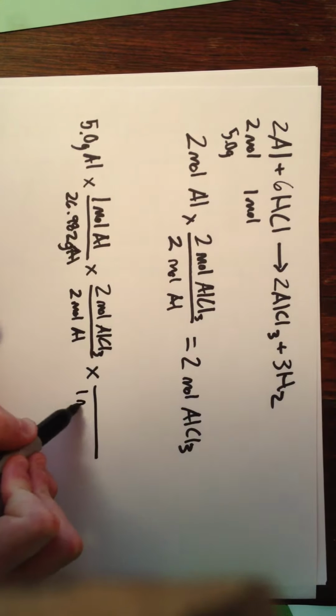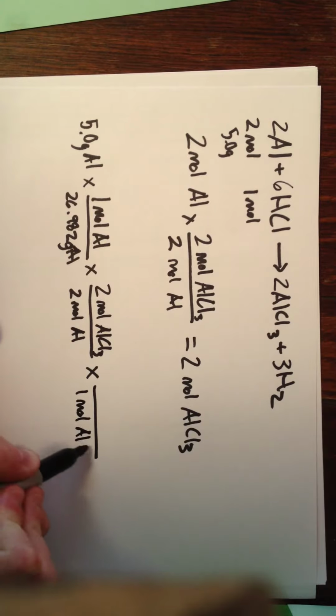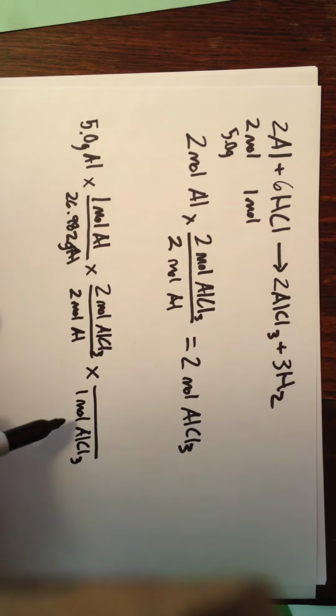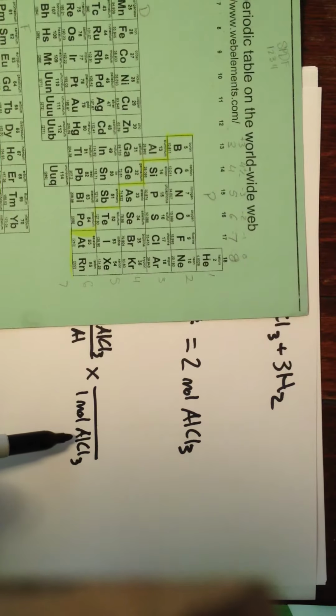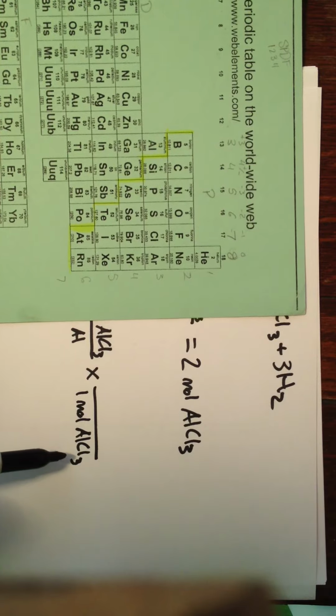So we have 1 mole of aluminum chloride, because we're trying to find out how much 1 mole weighs.